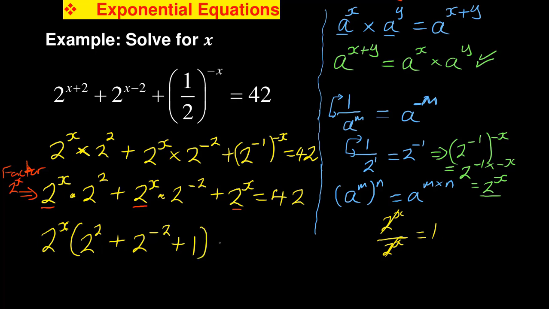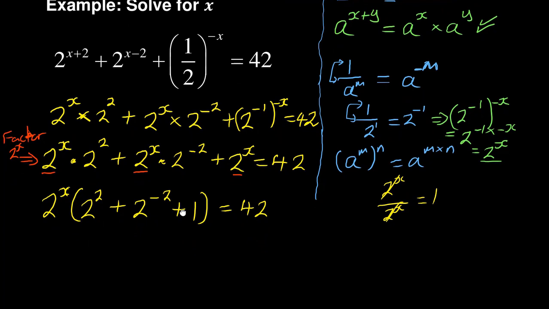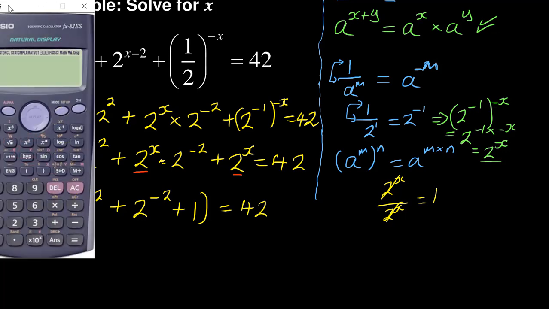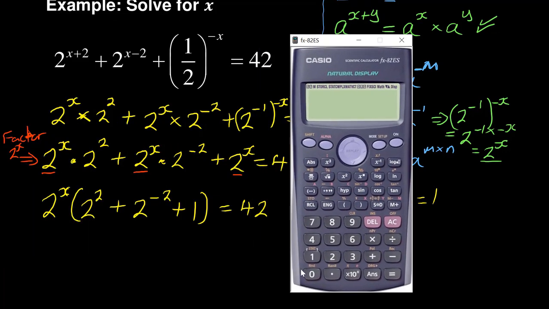So that this will equate to 42. And then after that, you need to take your calculator and add everything that is inside the bracket: 2 to the exponent 2 plus 2 to the exponent negative 2 plus 1.